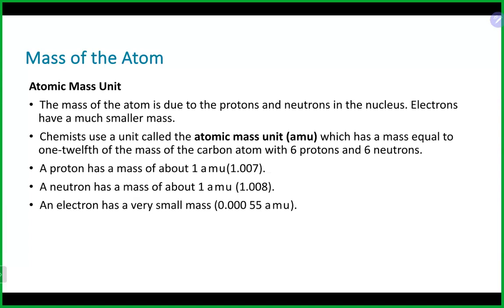And the standard that is used is a carbon-12 atom. It has a mass of exactly 12 AMU. It also has 6 protons and 6 neutrons. And basically what they did is they go, well, hydrogen's only like 1/12 as big as a carbon-12, and they do a little math to figure out what the atomic mass of it is.